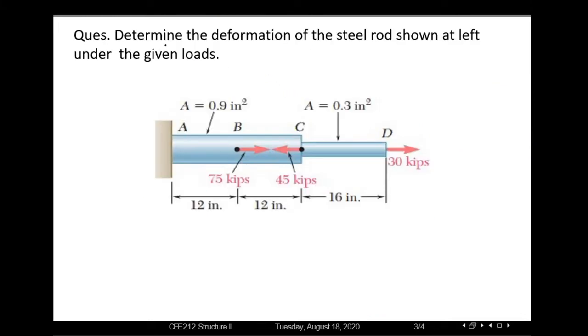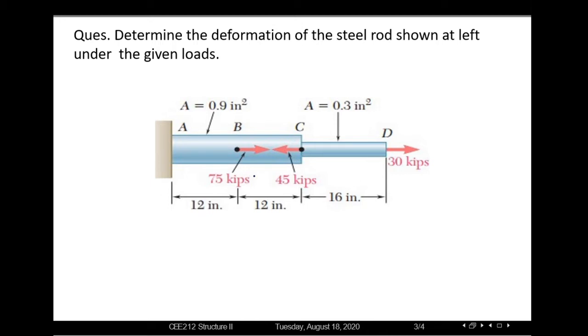In this problem, we are asked to determine the deformation of the steel rod AD, shown at left. The given loads are 30 kips, 45 kips and 75 kips, and we can see this AD steel rod is fixed at one end and this end is free.